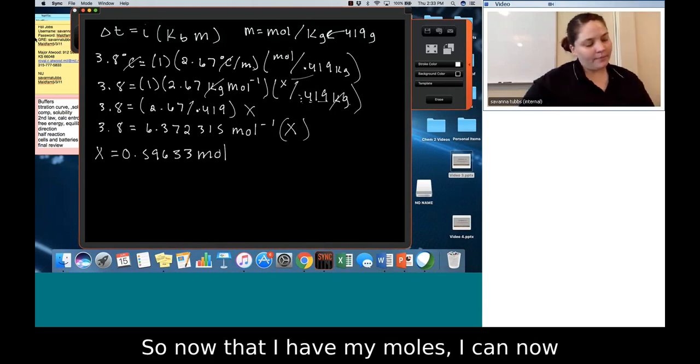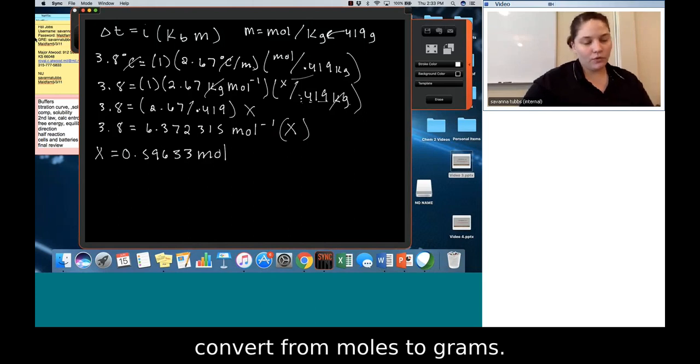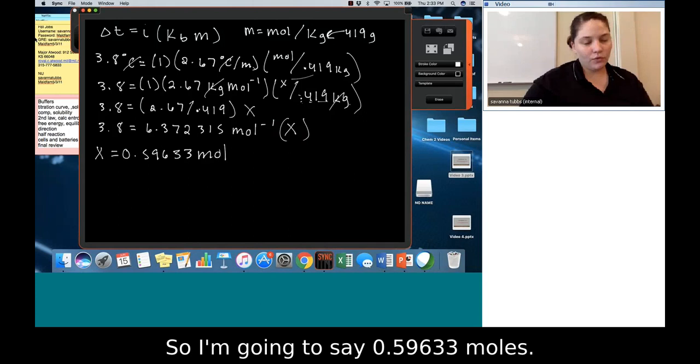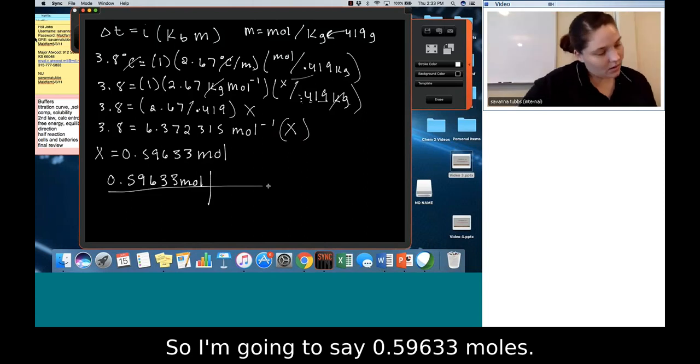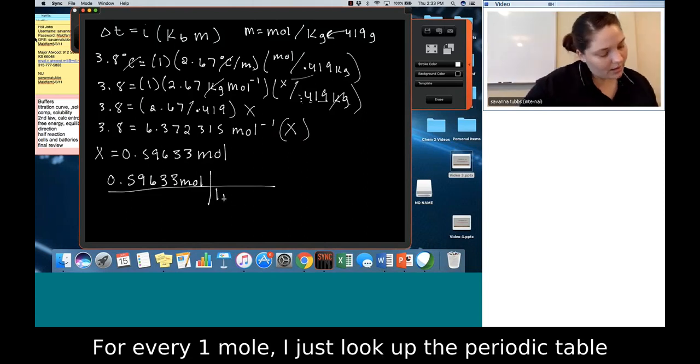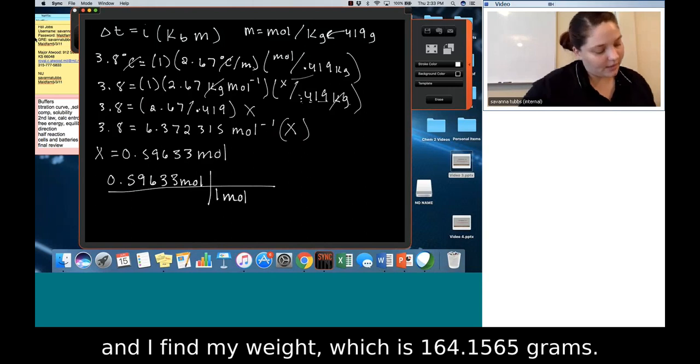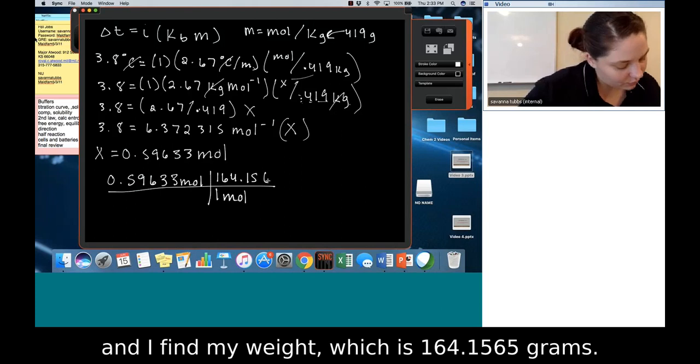All right, so now that I have my moles, I can now convert from moles to grams. So I'm going to say 0.59633 moles for every 1 mole. I just look up the periodic table and I find my weight, which is 164.1565 grams.